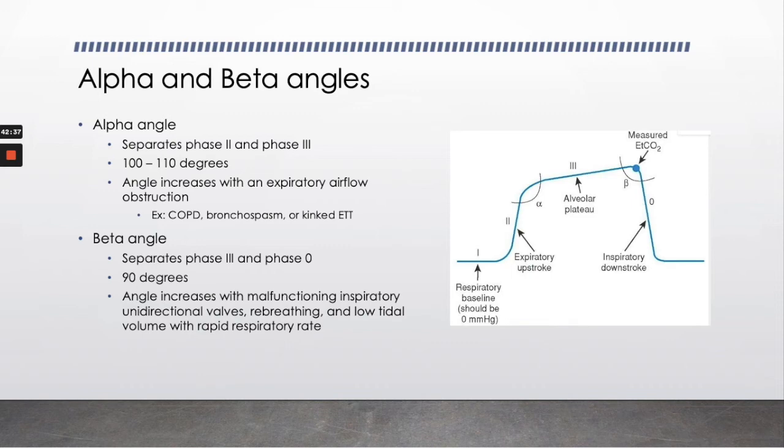So if patients are taking just small breaths with a rapid respiratory rate, this beta angle will begin to widen as well.